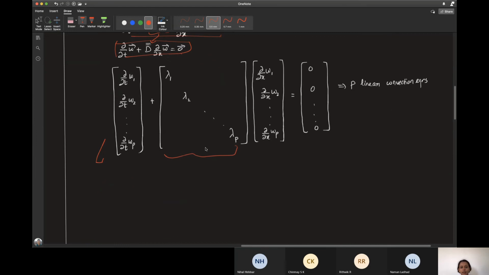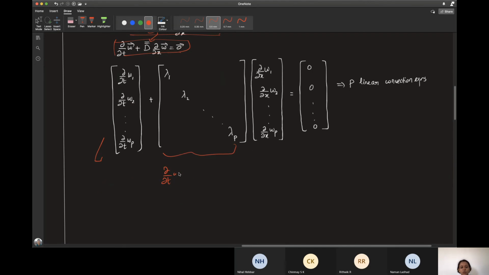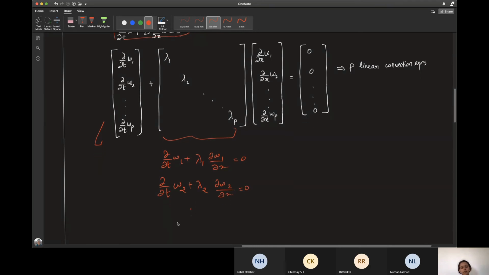You can write just ∂w1/∂t + λ1 ∂w1/∂x = 0 as one equation. From this you can actually obtain p scalar equations.